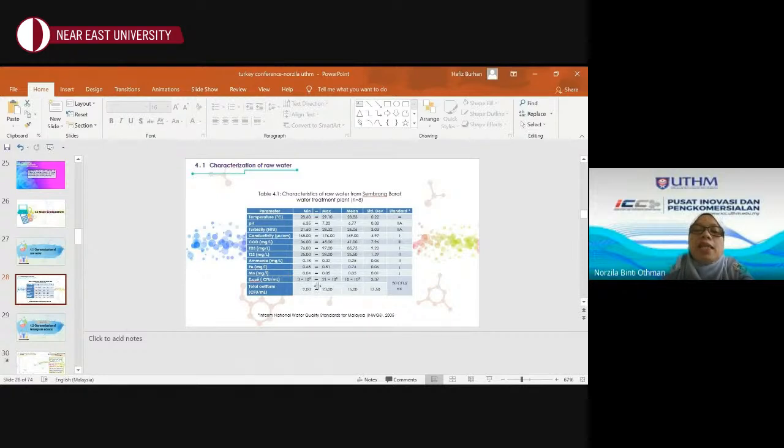After we analyze, we compare with the standard, the Interim National Water Quality Standard of Malaysia 2005. Based on the standard, some of the parameters fall in class 1 and some of the parameters fall in class 2, class 2A, and also class 3.